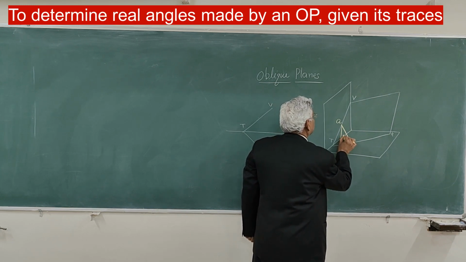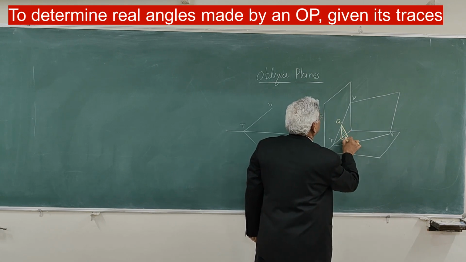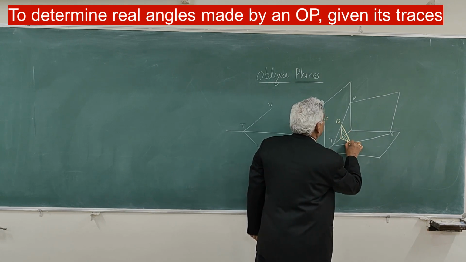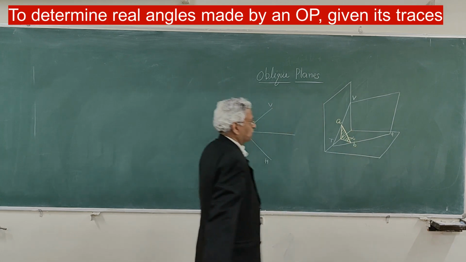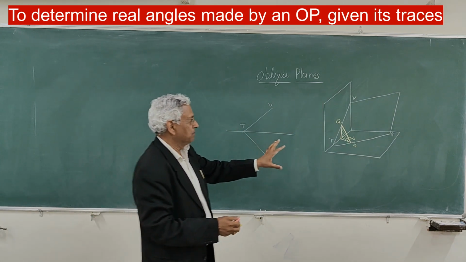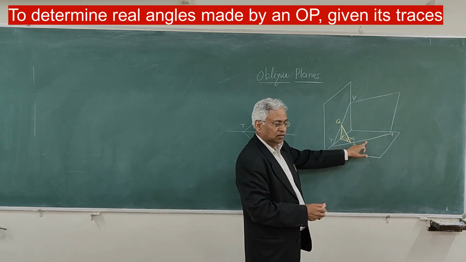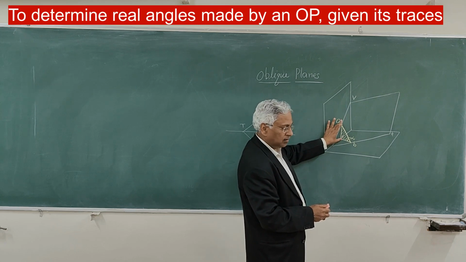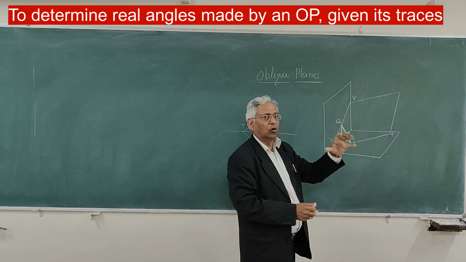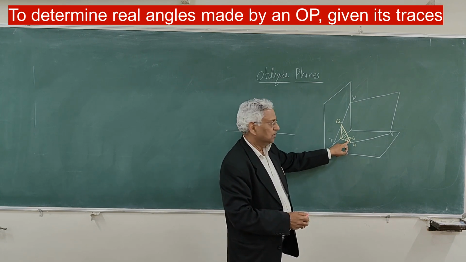Let's say this point is C. So in that case, this is the plate now, and this angle is alpha. You have placed a plate in such a manner that this edge is perpendicular to HT. This edge is vertical and this AB is in the oblique plane. That plane will give you angle alpha.